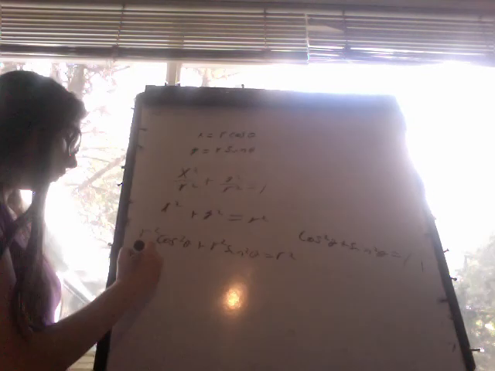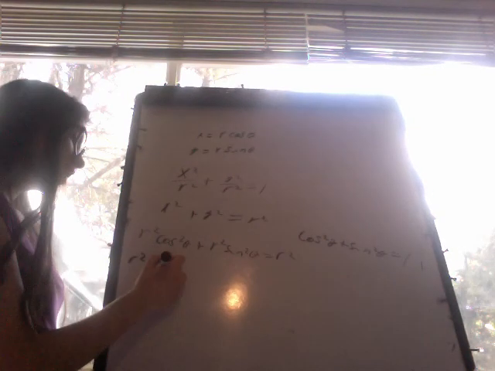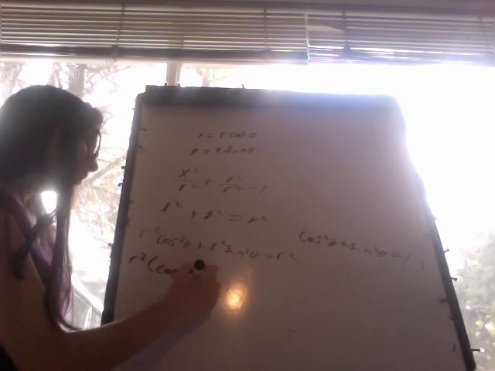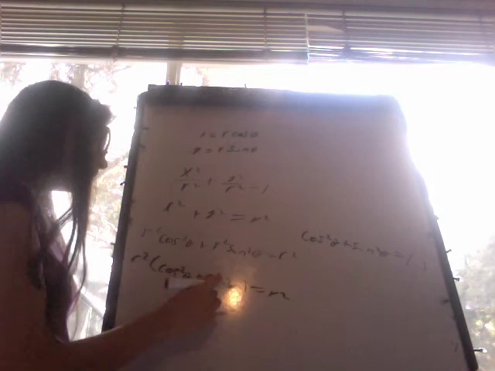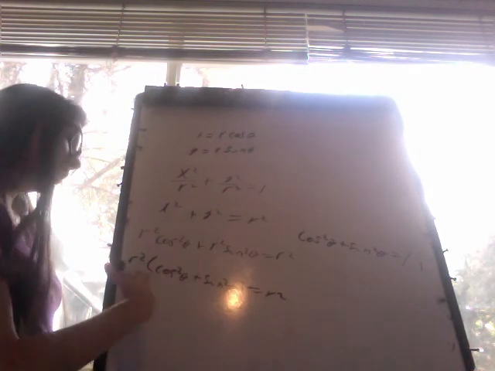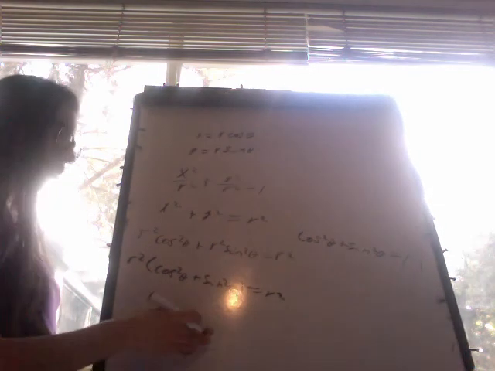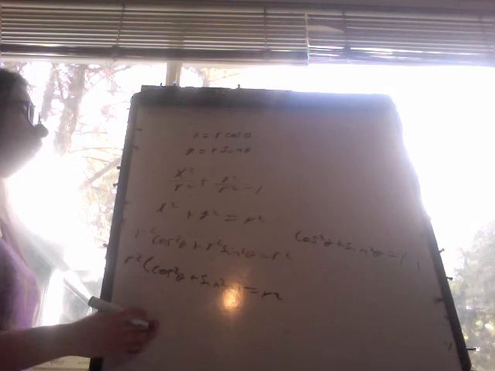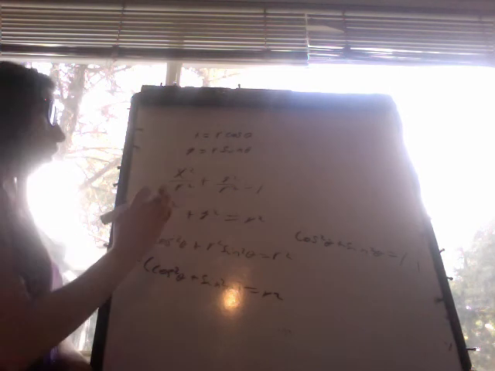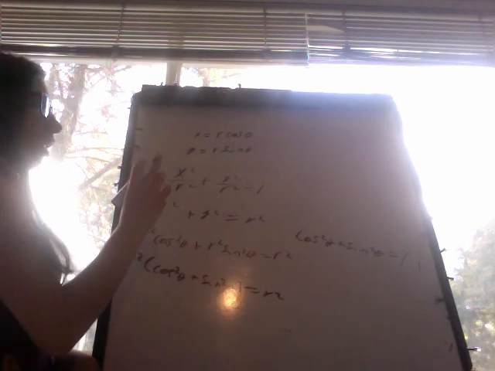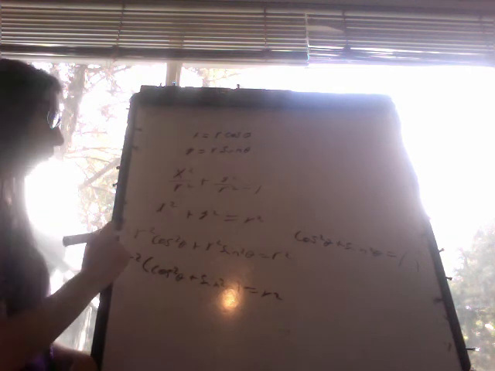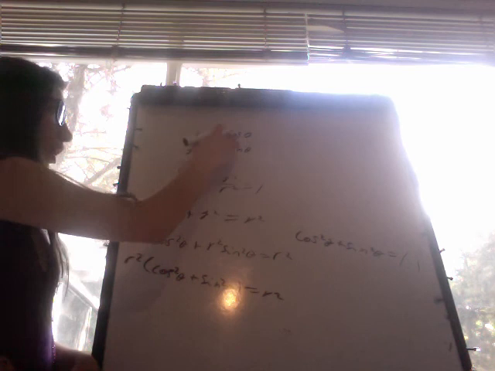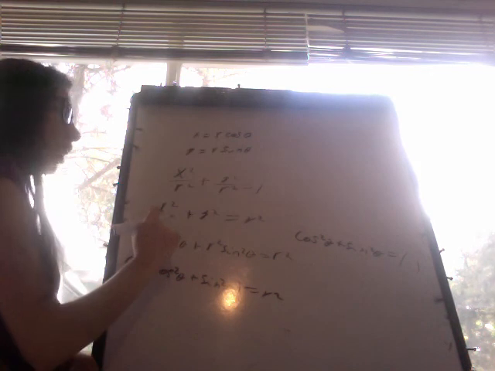So here you have r squared multiplying cosine squared of theta plus sine squared of theta equals r squared. This is 1, and you have r squared equals r squared. So if the circle is centered at the origin, we have x equals r cosine of theta.